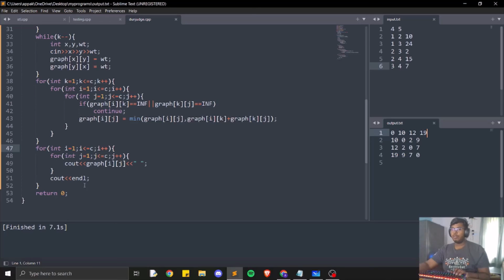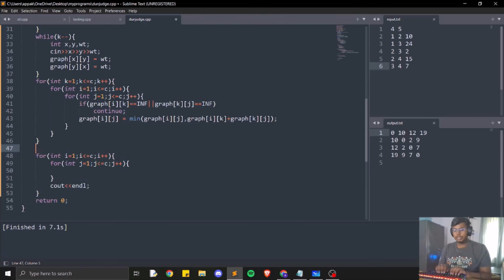So now what we have to do is find the maximum out of them. We'll make changes in this code only. We'll initialize a variable, int mx is equal to 0, because the distance will always be positive as it is given in the problem.